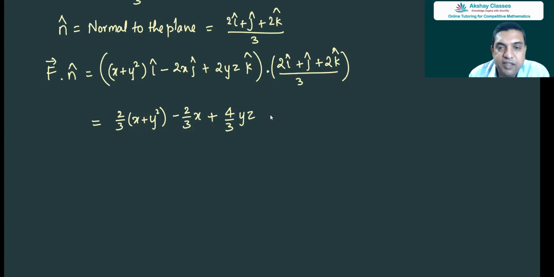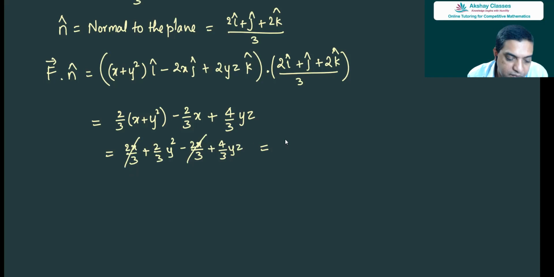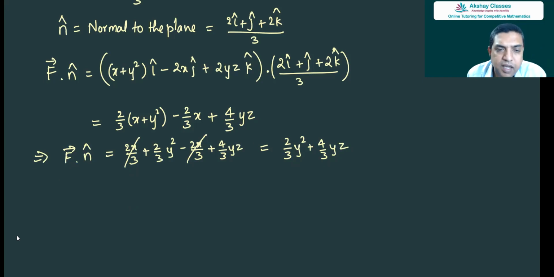So we can simplify this and see what it is. 2x upon 3 plus 2 by 3 y square minus 2x upon 3 plus 4 by 3 yz. So 2x upon 3 and 2x upon 3 cancel. So we have 2 by 3 y square plus 4 by 3 yz. This is f dot n.